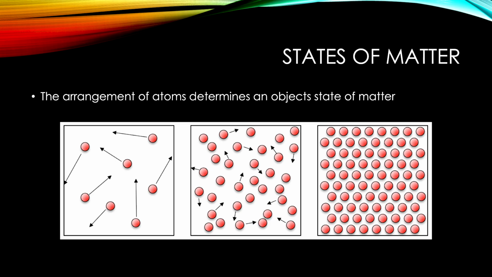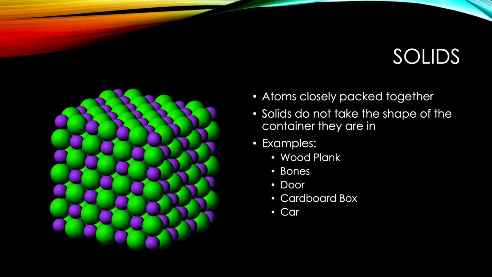Atoms also explain states of matter. The arrangement of atoms determines an object's state of matter. The first one is solid. Solids are when atoms are closely packed together, and they don't take the shape of the container they're in. Some examples of solids are wooden planks, bones, doors, a cardboard box, a car.